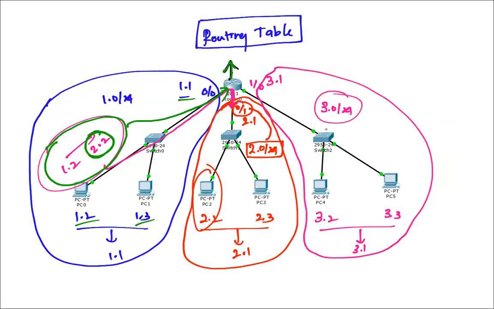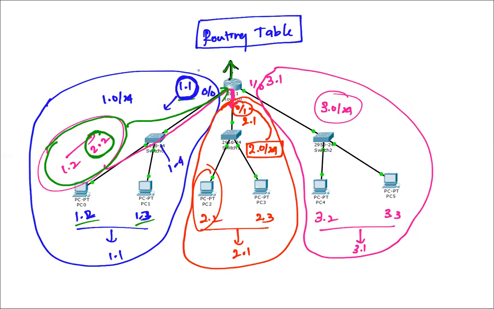So let's go back to the diagram. I gave this interface an IP address of 1.1. So the router understood that if you are assigning 1.1 to this interface, then mostly you're going to have 1.2, 1.3, 1.4 only behind this interface. You got the idea?